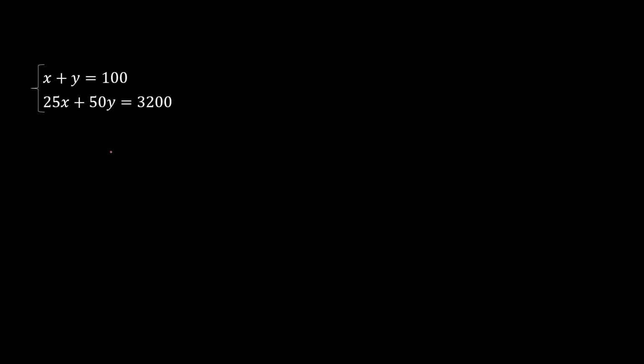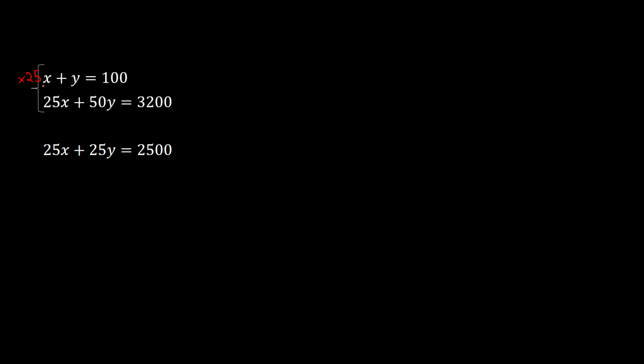So if we look at the x's, let's say we want the x's to cancel. The question is, what do I need to do to make that happen? Well, if there's a 25 in front of the x, then we can subtract the two equations and the x's would cancel. Well, to make that happen, I need to multiply that first equation by 25.